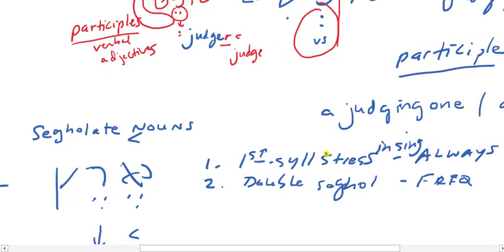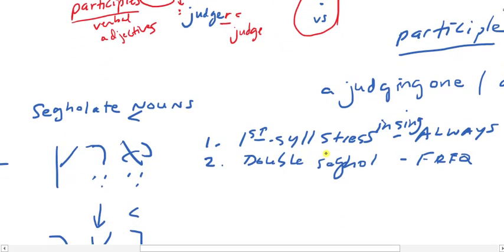So here are two characteristics of Segholate nouns, number 1 and number 2. Number 1, Segholate nouns are a kind of noun in Hebrew that are always characterized by first syllable stress in the singular. The first Segholate noun on your list on page 77 is the word eretz.